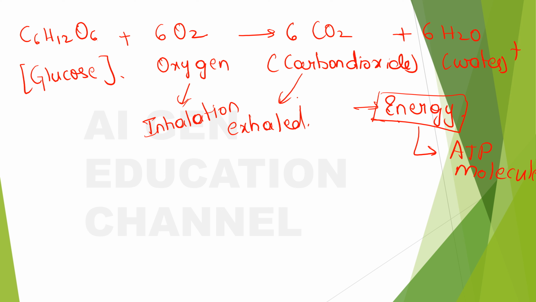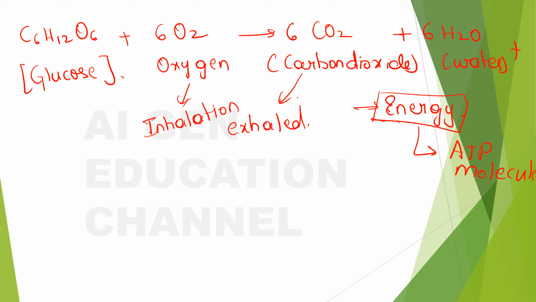So when we talk about this oxygen, we are saying that oxygen is needed for the breakdown of glucose. Then are you wondering if there is any process of respiration that doesn't involve oxygen? Yes, there is also another process of respiration which does not involve oxygen, right?